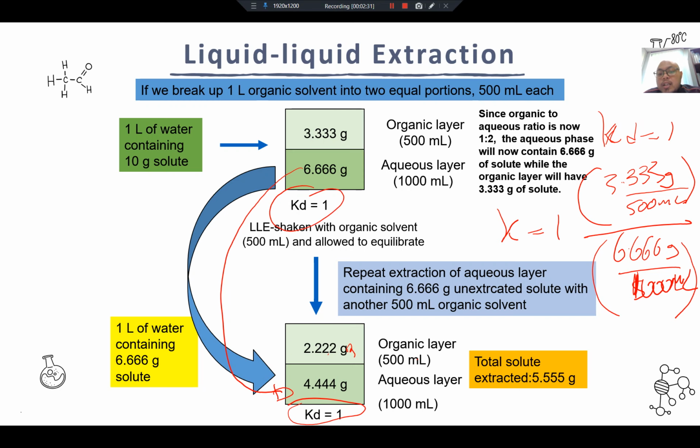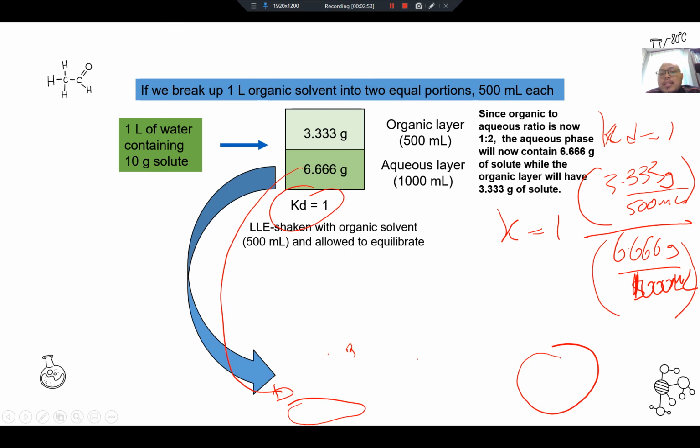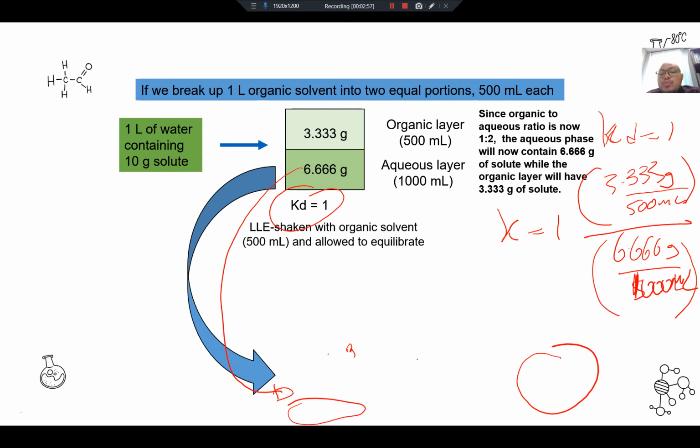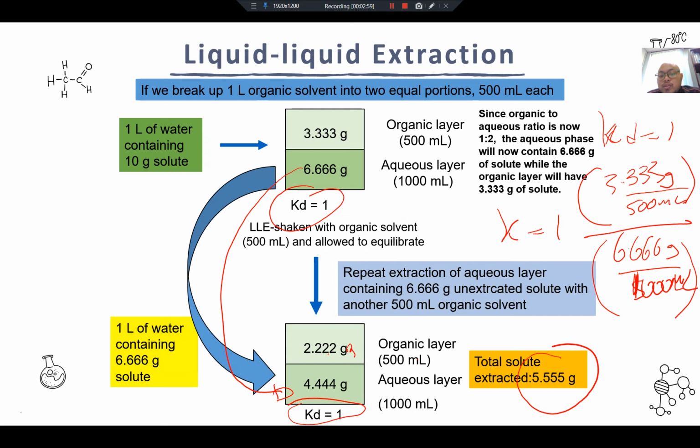Right, if you add 3.33 plus 2.22 in the collection beaker, the total solute extracted is 5.555 gram. Is that great? Yeah, that's very great. So instead of using one batch extraction method, you can use multiple batches.